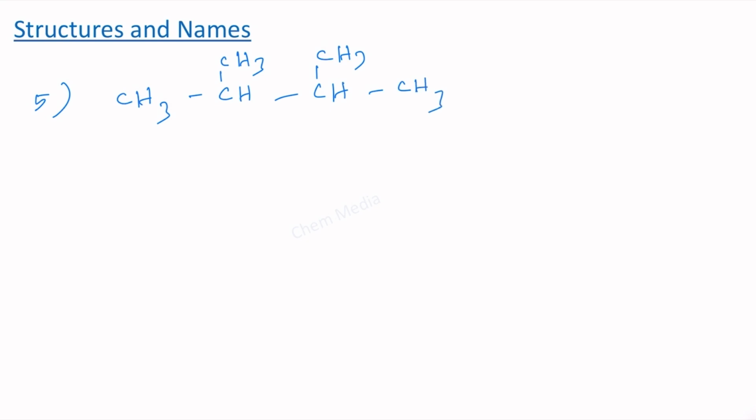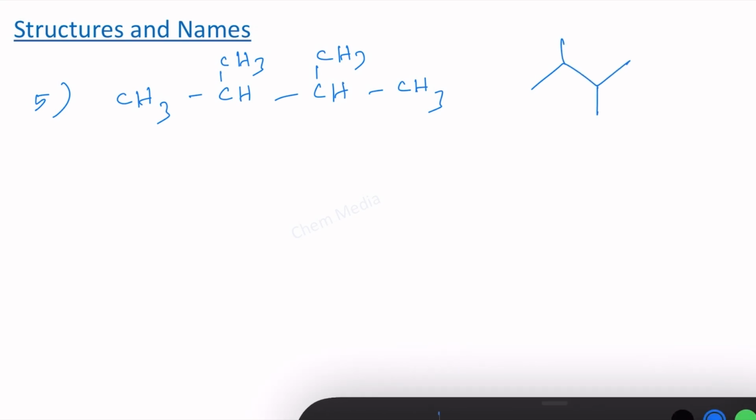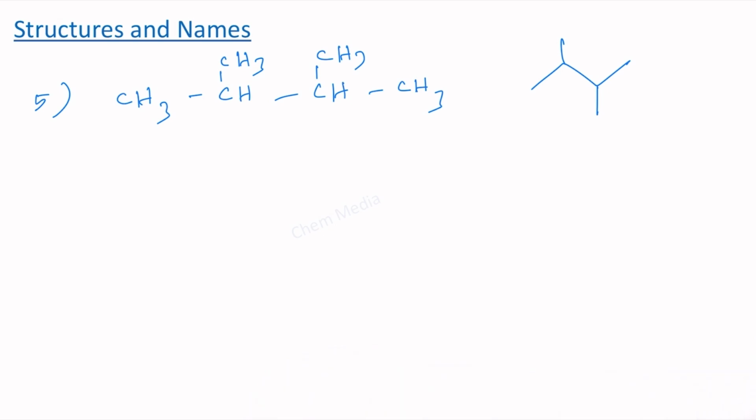And the corresponding structure in bond line notation will be 1, 2, 3, 4. At 2 position 1 methyl group, 3 position 1 methyl group. Let's number it: 1, 2, 3, 4. This is 2,3-dimethyl butane. We cannot write any other isomer for this elemental composition.